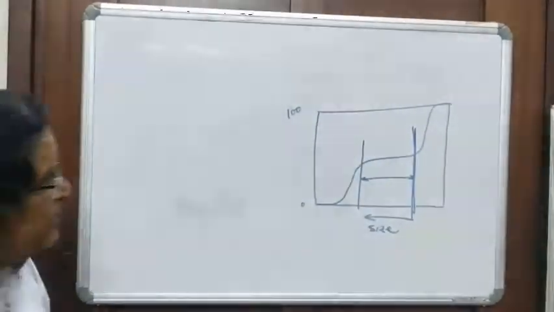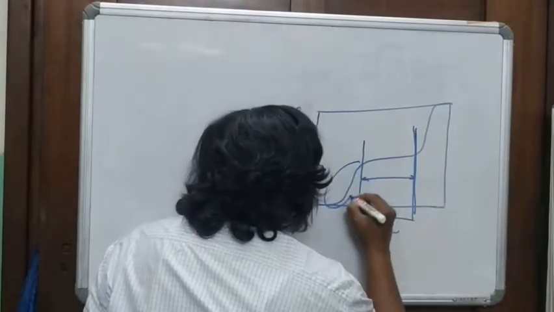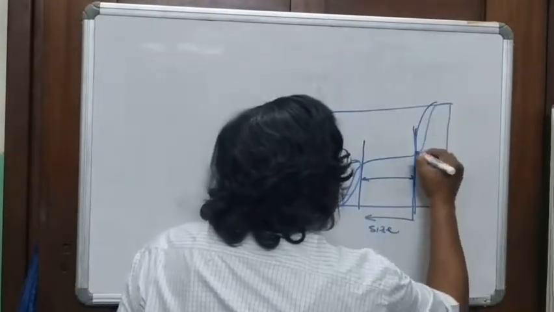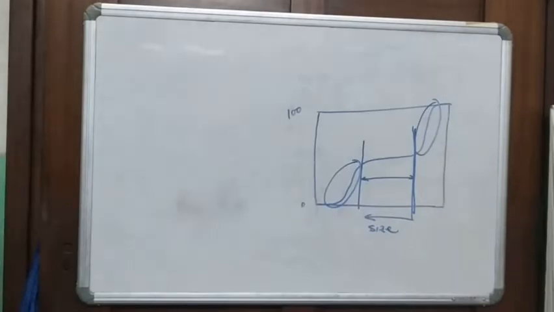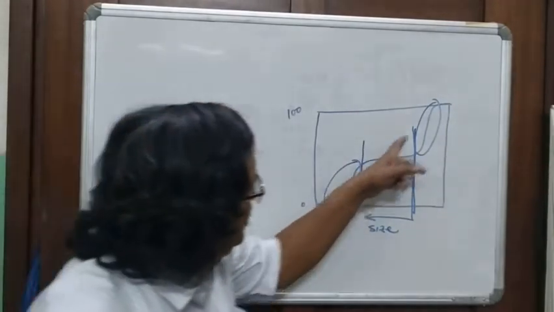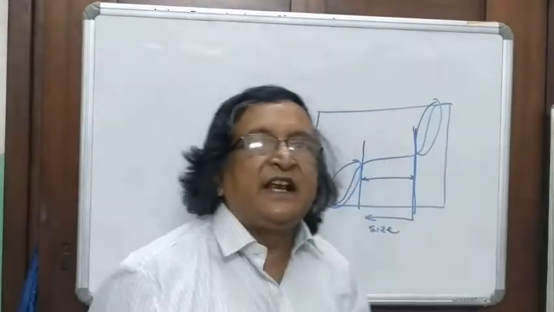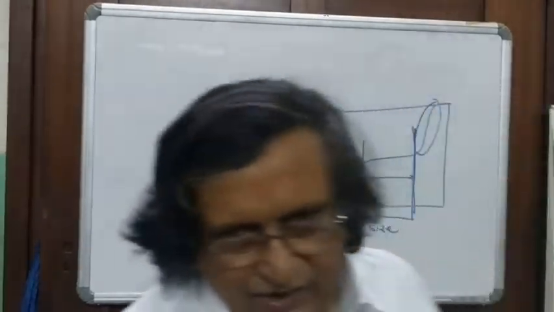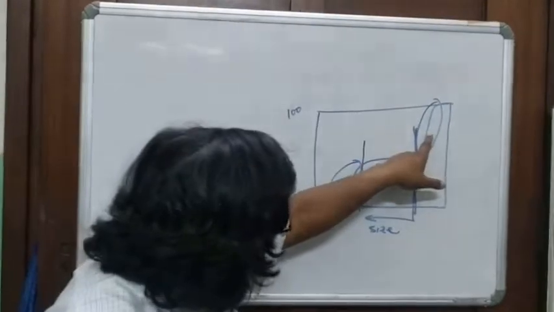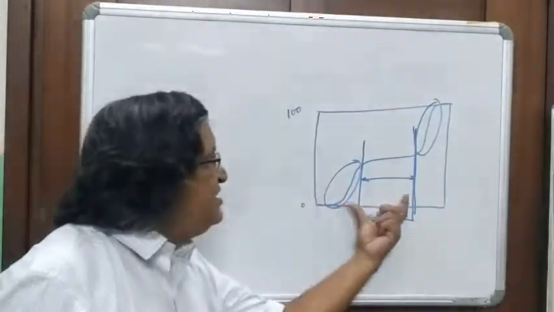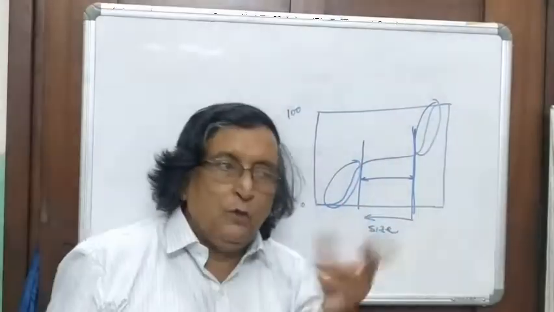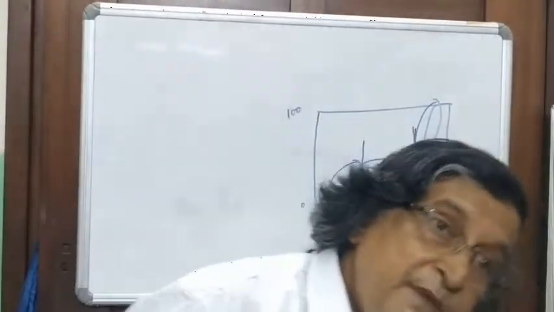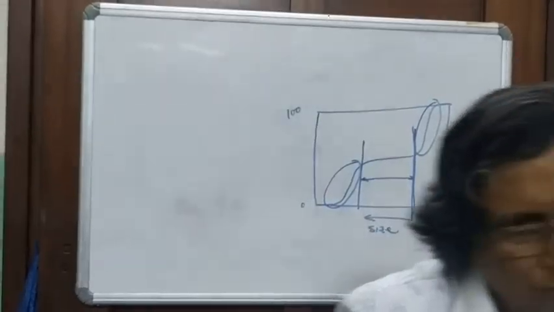In other words, this size is very prominent and so is this size very prominent. So this has two dominant grain sizes. Have you understood? Two dominant grain sizes, here and here. The intermediate sizes are almost non-existent, or maybe they are very, very small.